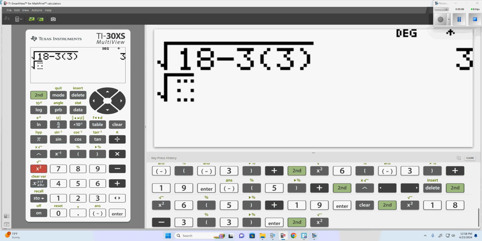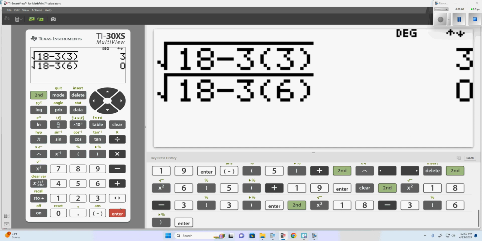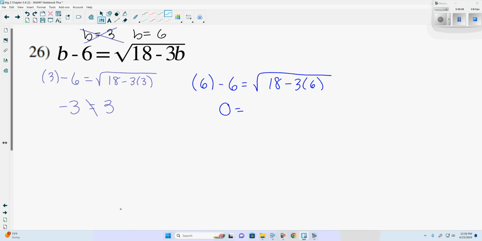On the other side, we can take the square root of 18 minus 3 times 6, which is also 0. So 0 equals 0, which is a true statement. So b equals 6 is our solution. And that's it. Questions on this here?